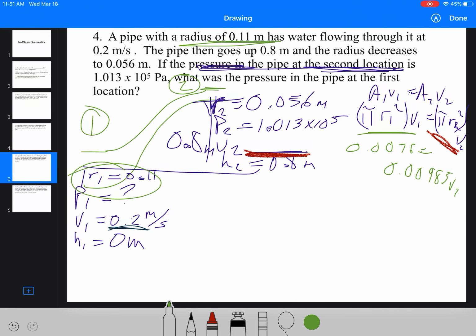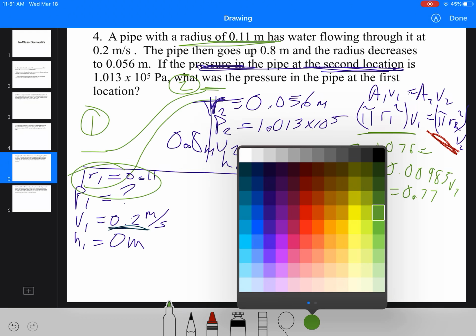So 0.0076 divided by 0.00985, we get a V2 that, when we don't round anything, I'm getting a value of 0.77, but without any rounding, we should be getting like 0.8. But that's what I got. Okay, so we'll just go with that.